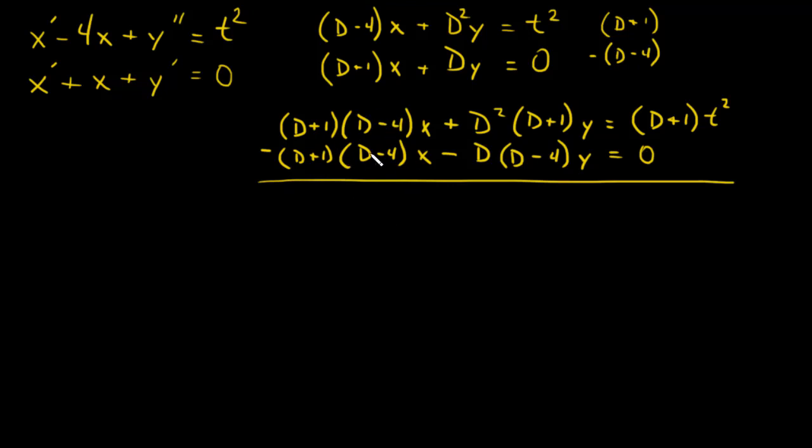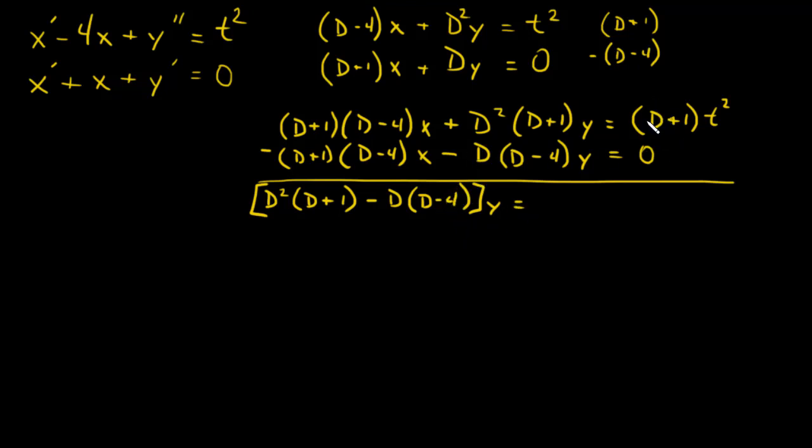The x's are eliminated, and we have a very confused looking jumble for our y's. We're going to have D squared times D plus 1 minus D times D minus 4, bracket, y equals, now this is the fun part.